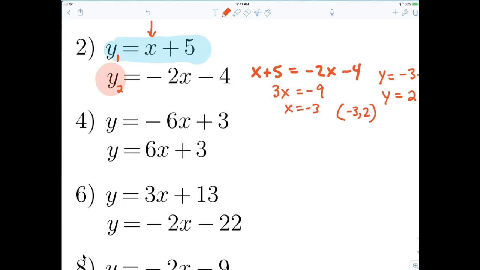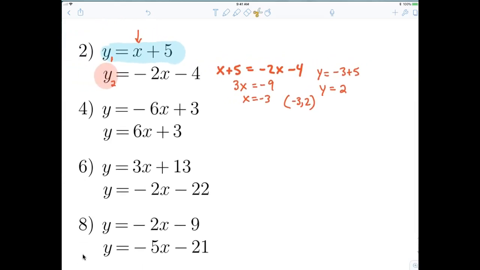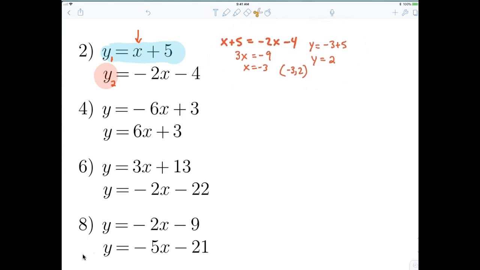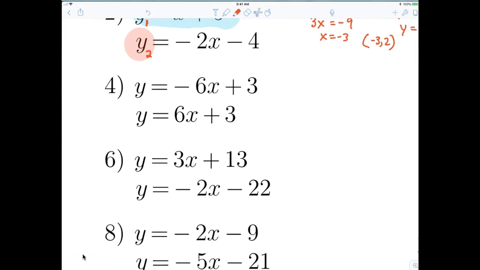Here we go with question number 4. Everybody take a look at question number 4, because in a minute we're going to skip down some, since the next 4 or 5 problems are exactly the same. We're going to verify that you know what we're talking about. What does y equal? y equals negative 6x plus 3.